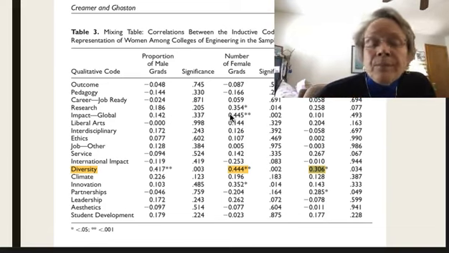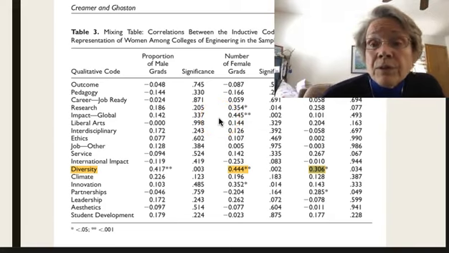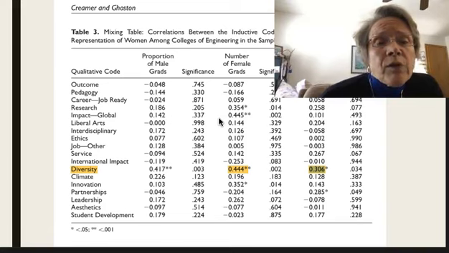And this is not a new finding for research about women in engineering, but a very strong one that crosses the literature. This is very, very important to the recruitment and retention of women.